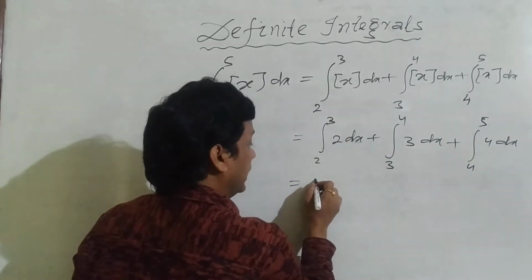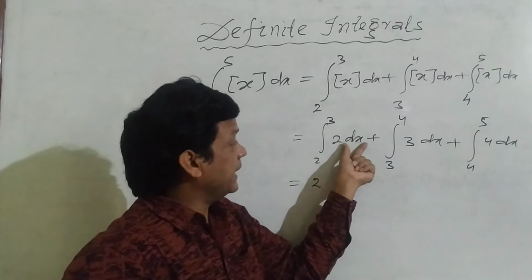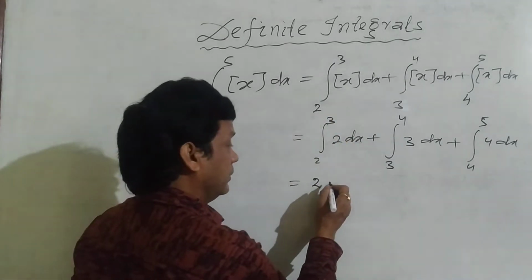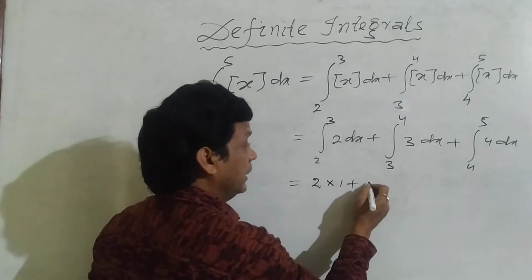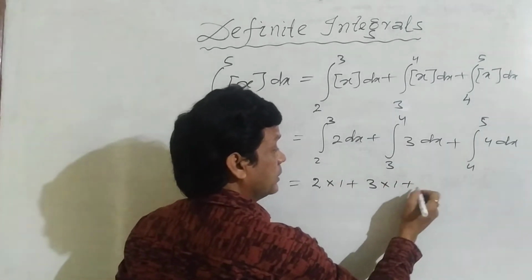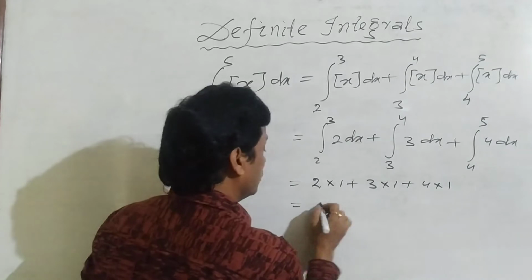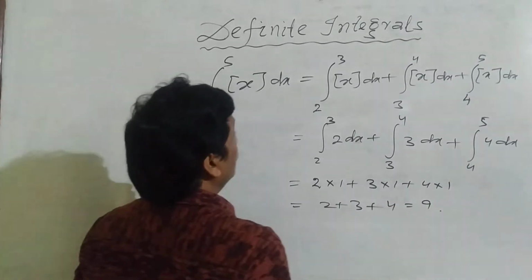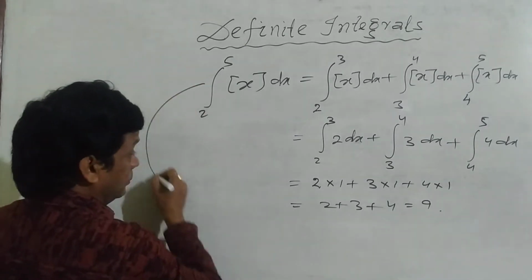So take 2 outside. Integration of dx will be x, and the limit is 2 to 3. So 3 minus 2 is 1. So 2 into 1, similarly 3 into 1, similarly 4 into 1. That means 2 plus 3 plus 4, and the answer will be 9.